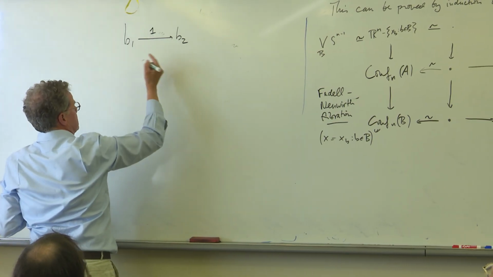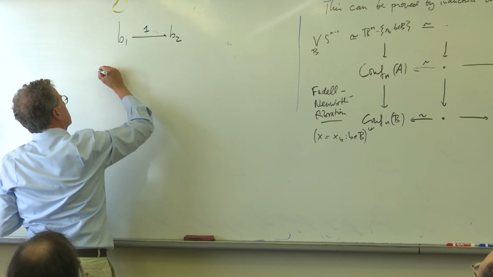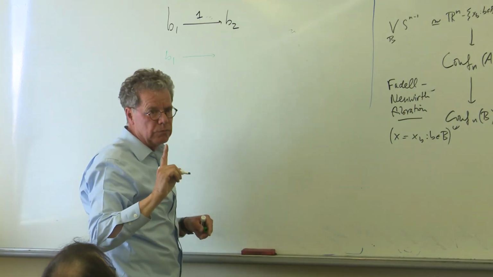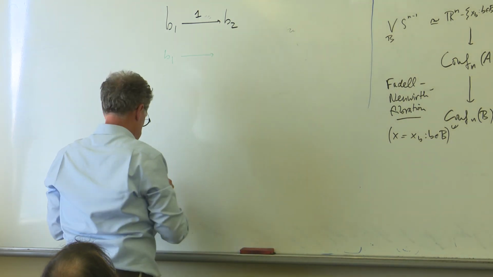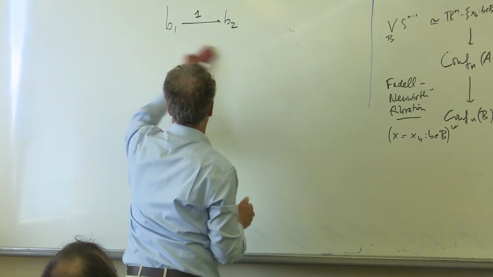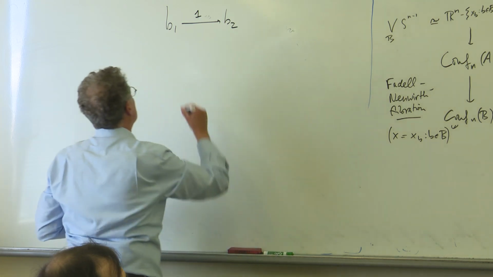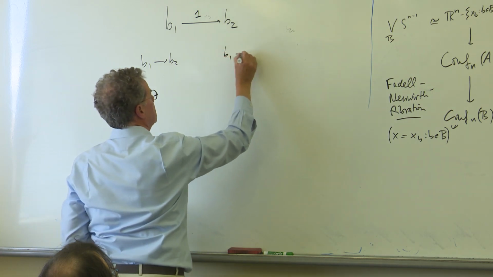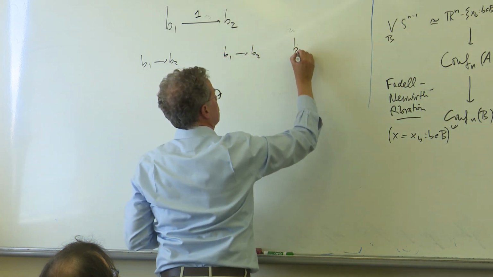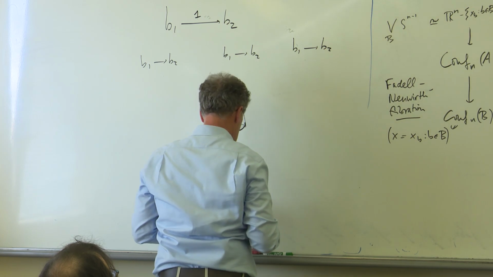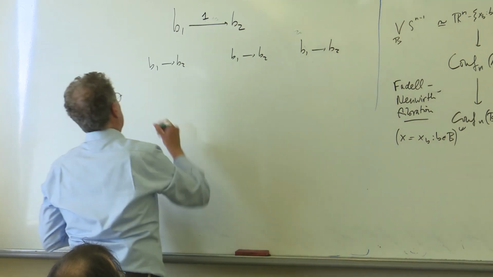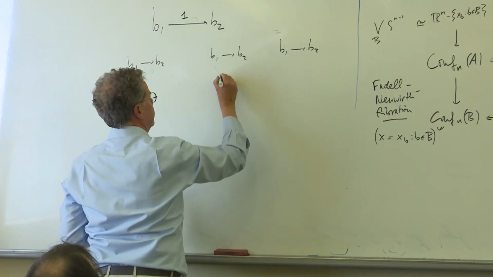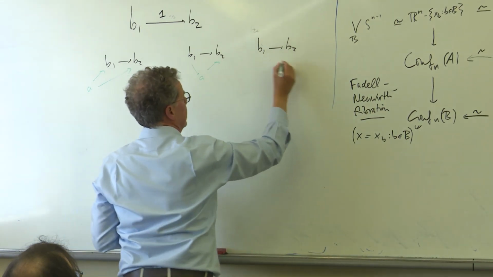So there are 3 possibilities. Since it is a linear order, with B1, B2, I can add my A here, I can add my A here, or I can add my A here.